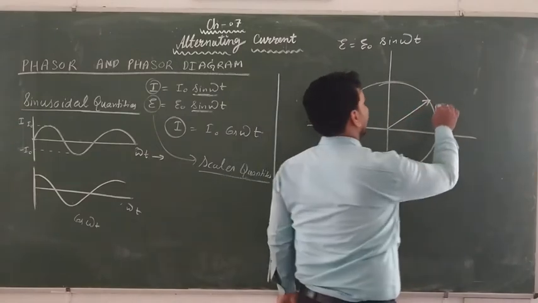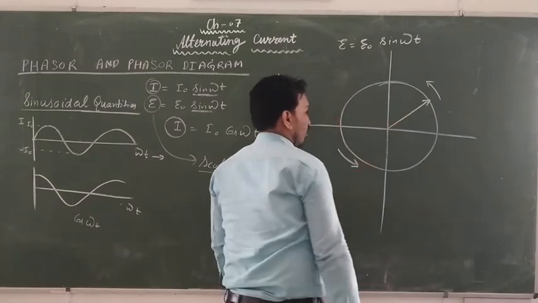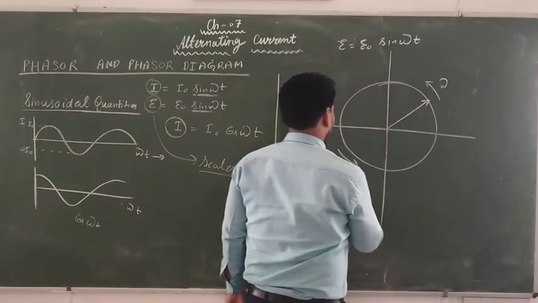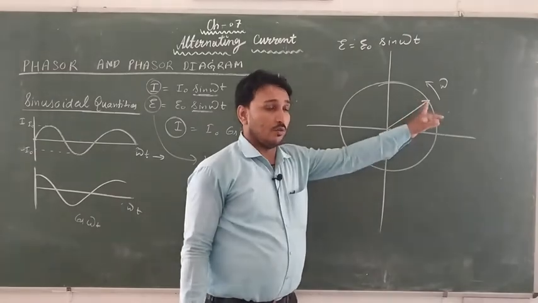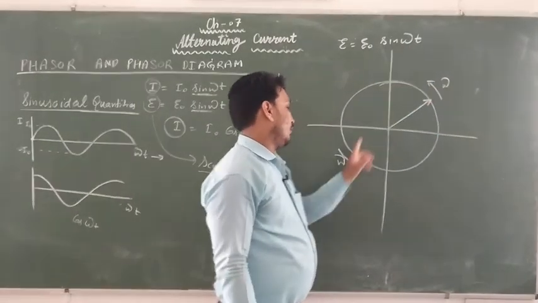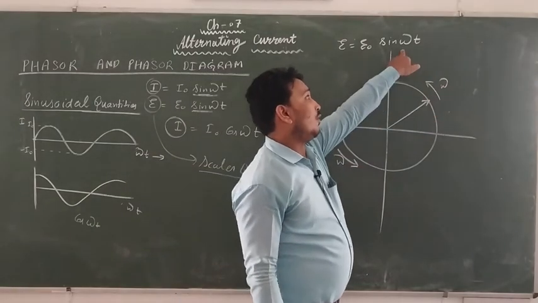It is rotating in this manner, with angular velocity omega. It is an arrow rotating with an angular velocity omega. And from where has this omega come? From here.